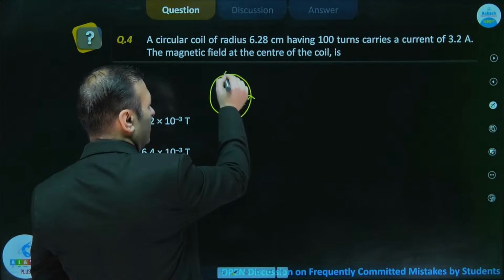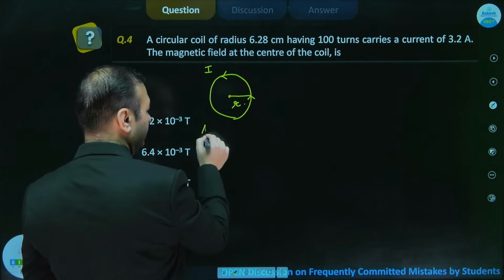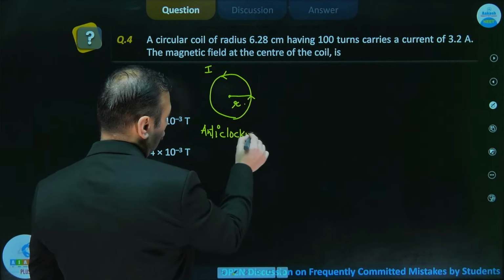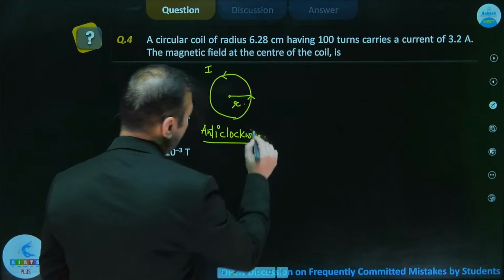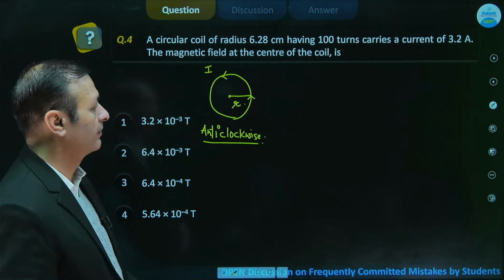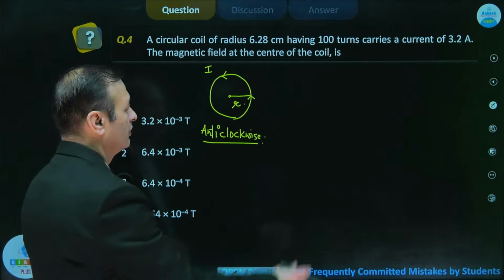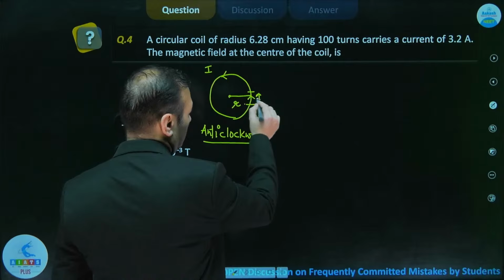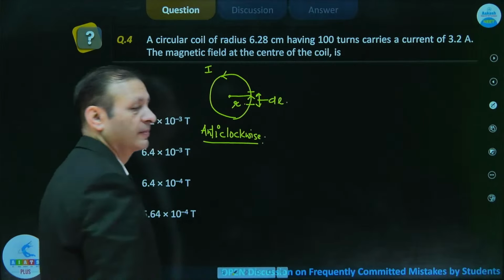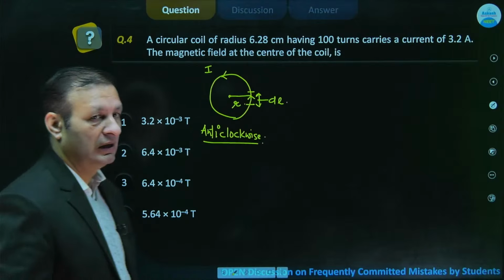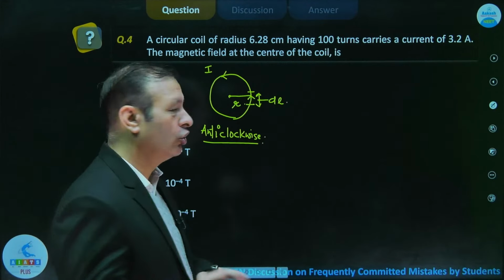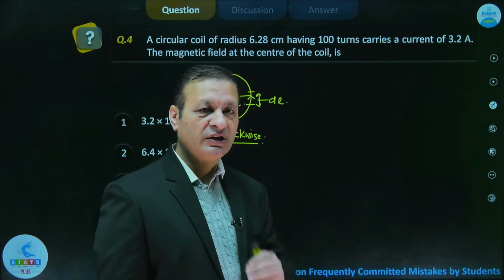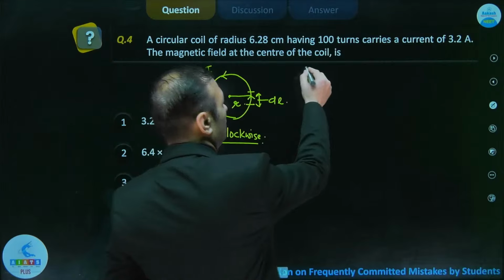This current is I, and this is in anti-clockwise fashion. Got it? Now, you just consider a small element over here. This is dl element. Now, you apply your basic, the very first law, how to find out magnetic field for a small current carrying element, that is your Biot-Savart law.